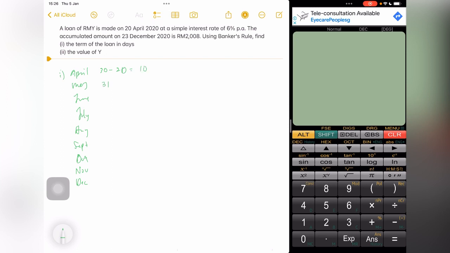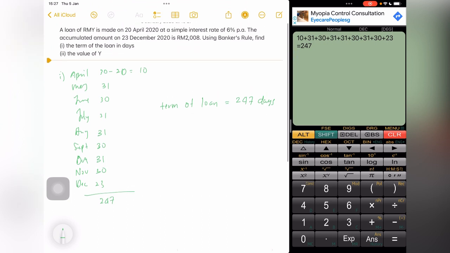Then May is 31, June is 30, July is 31, August is 31, September is 30, October is 31, November is 30, and December is 23, because of 23 December 2020.